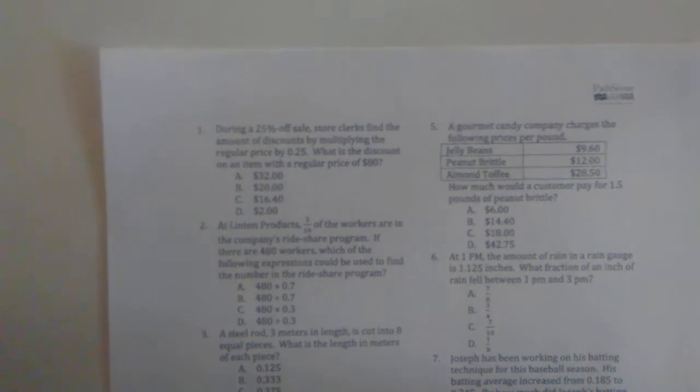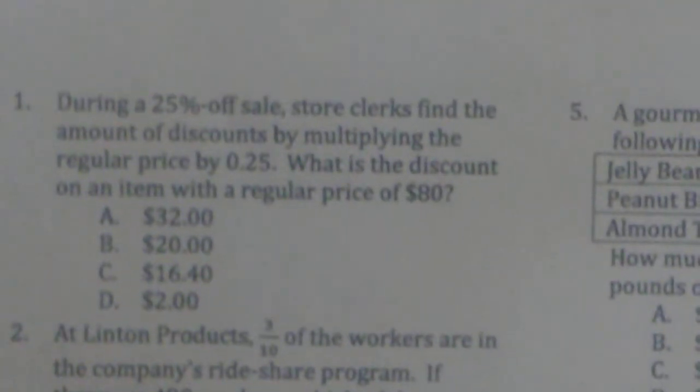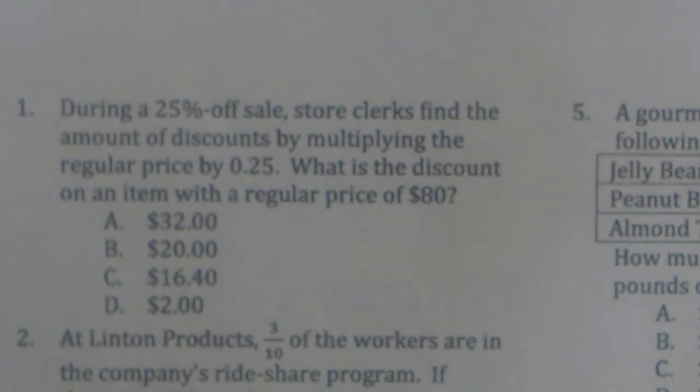Okay, number one, a word problem. During a 25% off sale, store clerks find the amount of discounts by multiplying the regular price by 0.25, because 25%, remember, is the decimal 0.25, 25 hundredths. What is the discount on an item with a regular price of $80?